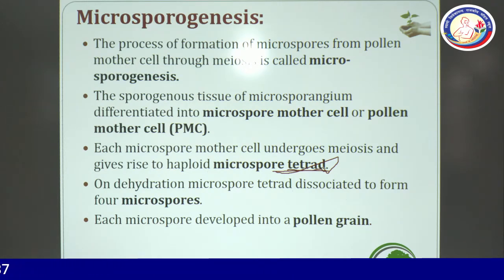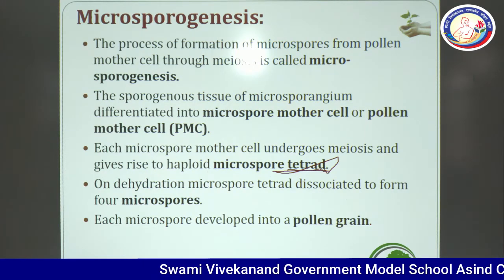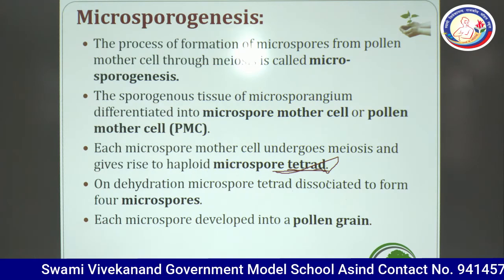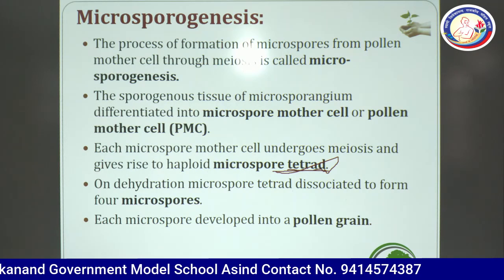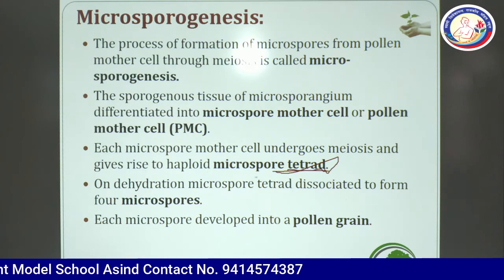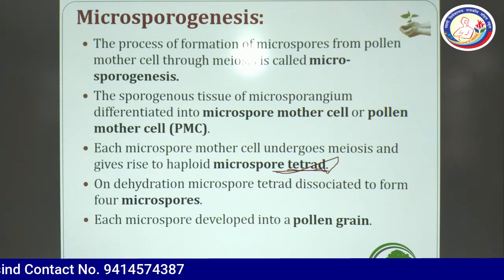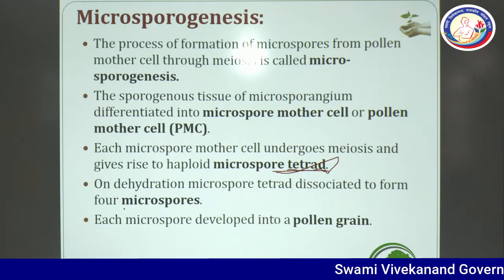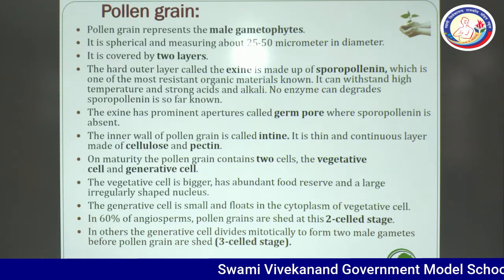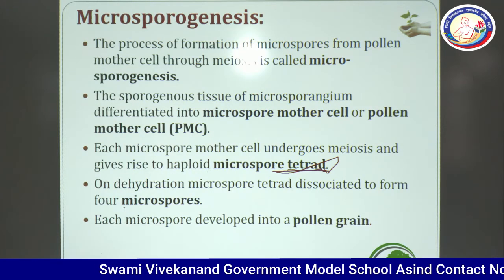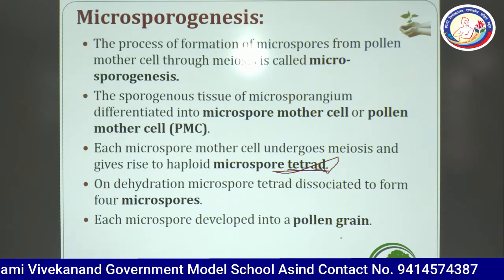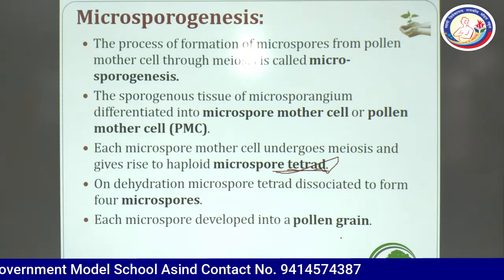You have already studied in class 11th about meiosis, in which one parental cell gives rise to 4 cells, and a group of 4 microspores is known as tetrad. And on the dehydration of microspore tetrad, it dissociates to form 4 microspores, and each microspore develops into a pollen grain. So you can see pollen grain is the male gametophyte.